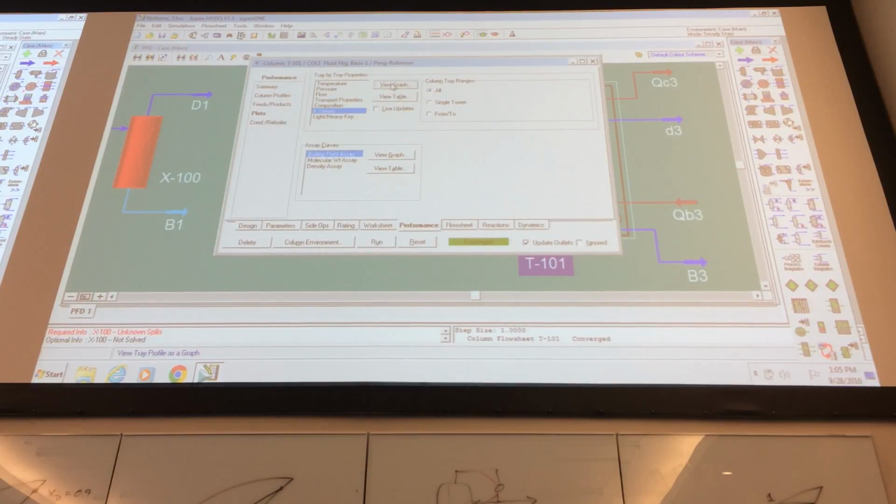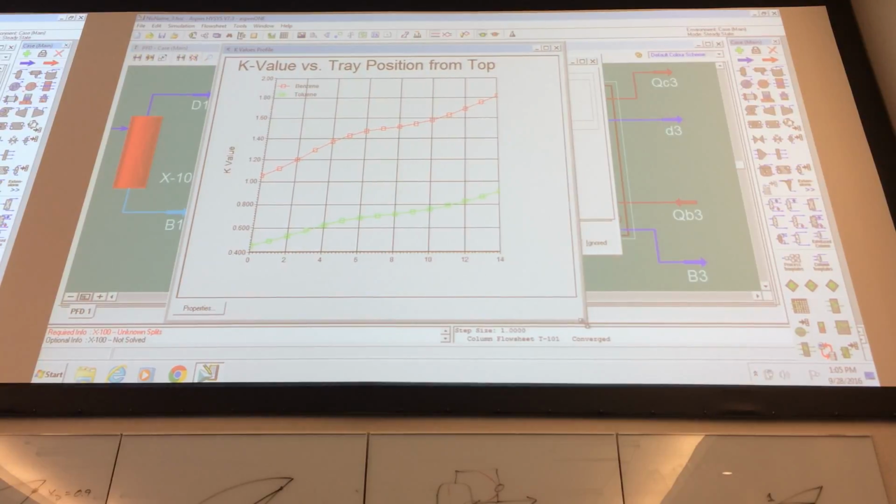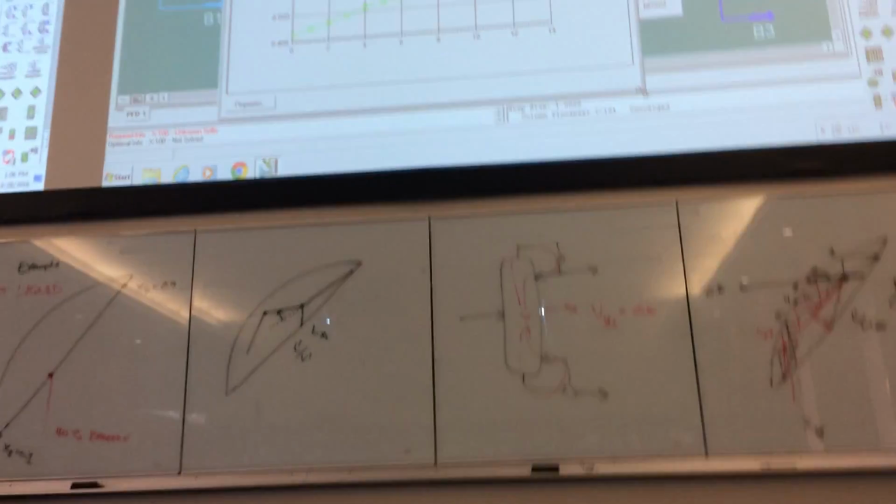K values. Remember that in the assumption of doing this construction, we were really working with K values and alpha values, the ratio of K values, that don't necessarily change by much. So the question is, is that actually valid? You have two K values here for each of your components.